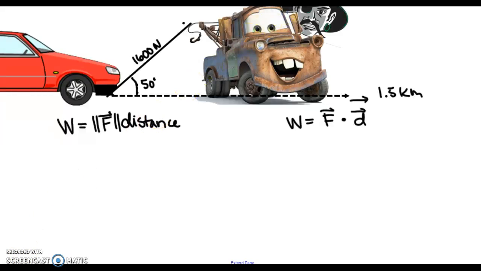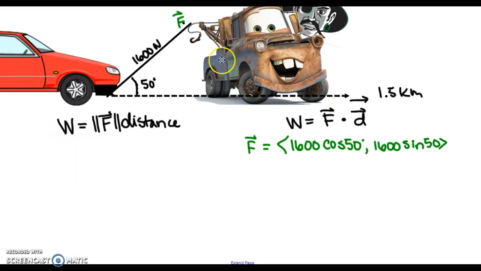Well, if we're finding the force, the first thing we need to do is identify this vector F. And for identifying it, we have to find the components. So we've identified our force vector. We've got 1600 times the cosine of 50, and we've got 1600 times the sine of 50 degrees.